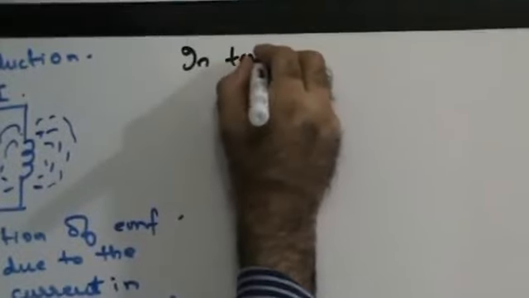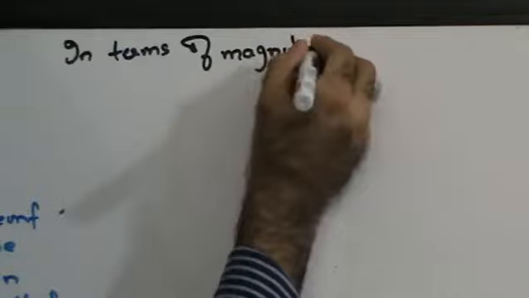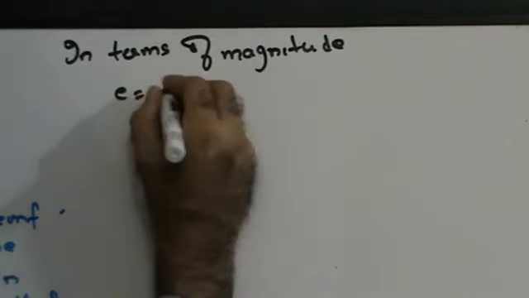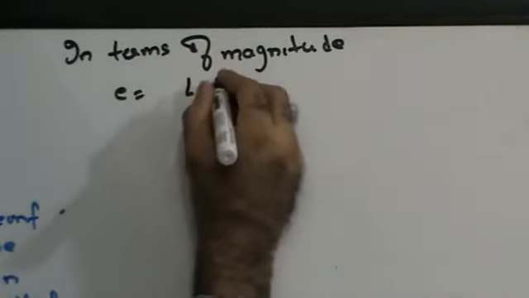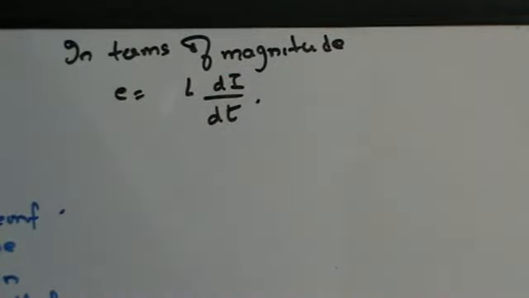In terms of magnitude, E will be equal to just L di by dt, right?